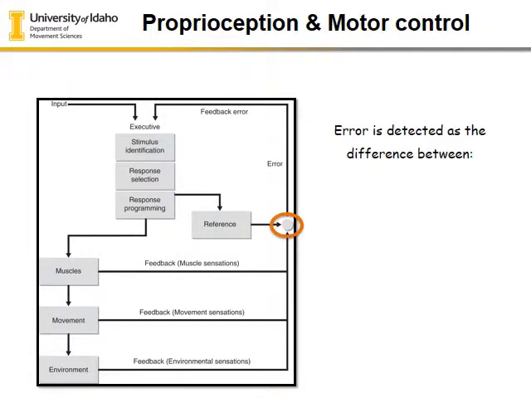And then you have this error detection, right? The error detection is comprised of each one of these, the muscles, the movement, and these are all the feedbacks, right? So the muscle sensations, and this is your proprioception. The movement sensation, and this can also be some of your proprioception, but it's also a matter of how you felt at the outcome. And then your environmental sensations, where you are in space, and how the movement outcome was.